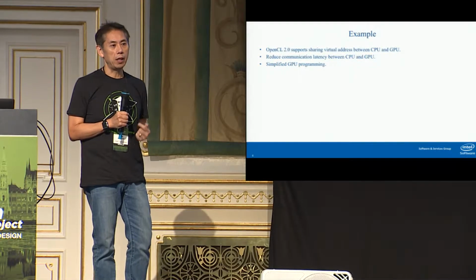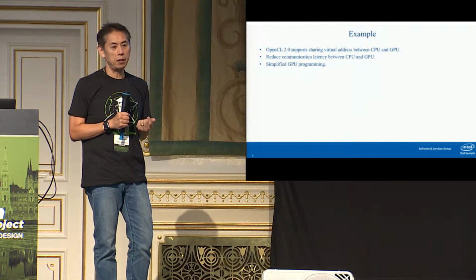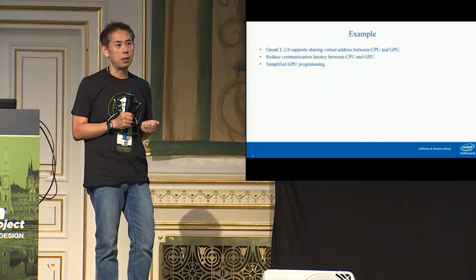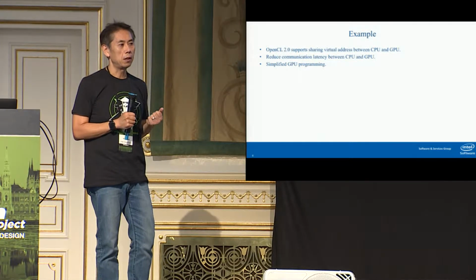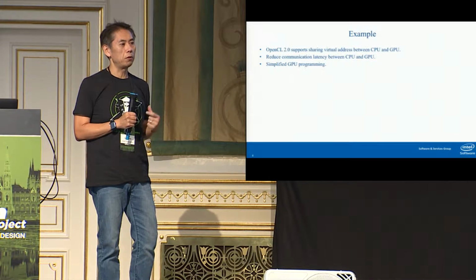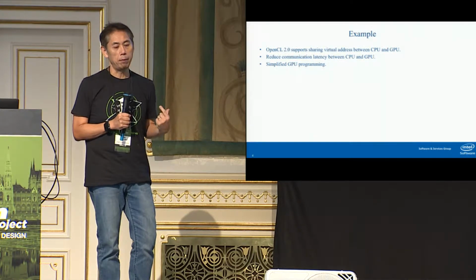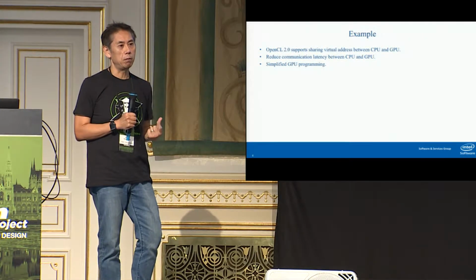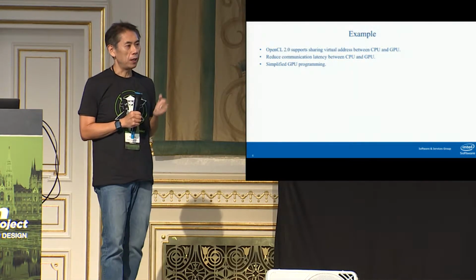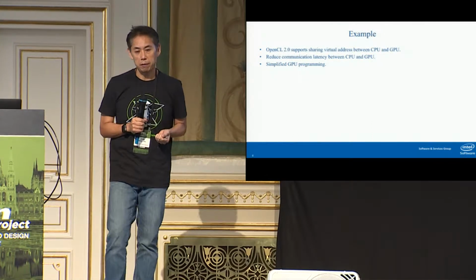Otherwise, the GPU doesn't know where the data is. And if they're sharing some data structure, programming is much more straightforward, because you don't need to modify the structure going back and forth between the GPU and the CPU. So there are some advantages to supporting SVM.